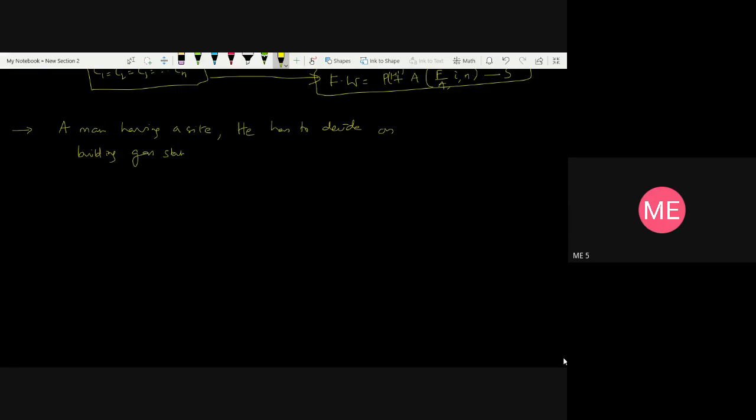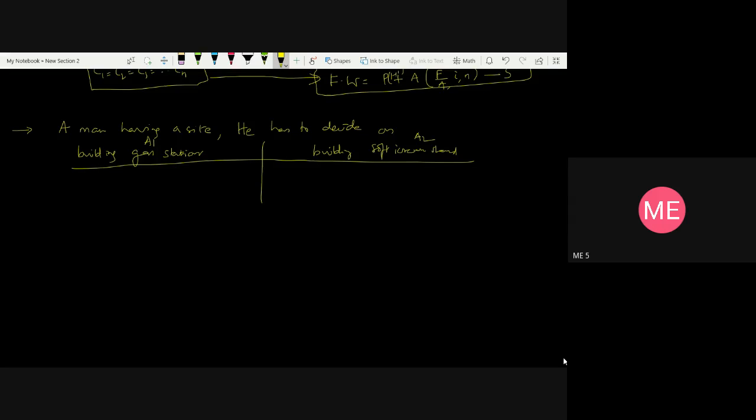So in his site, he wants to start with building a gas station or some other building, say a soft ice cream stand. So there are two alternatives, alternative 1 and alternative 2. He wants to start with doing something on his site.